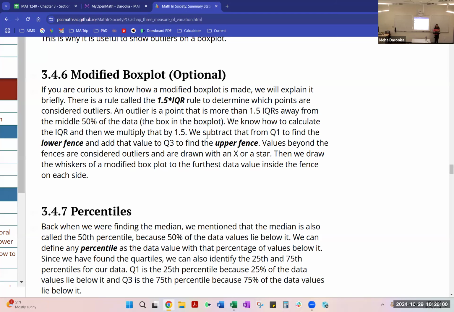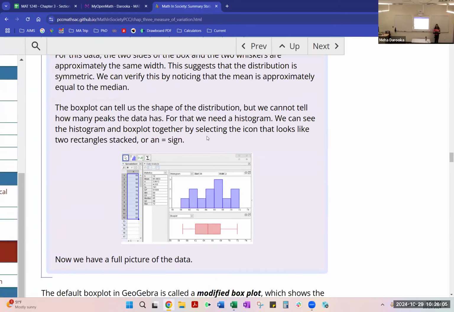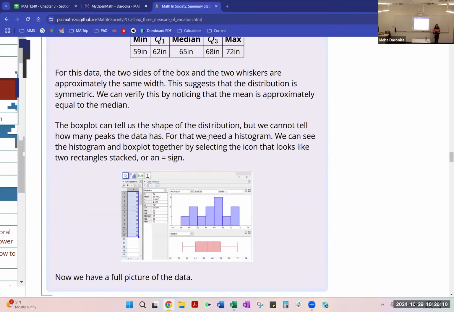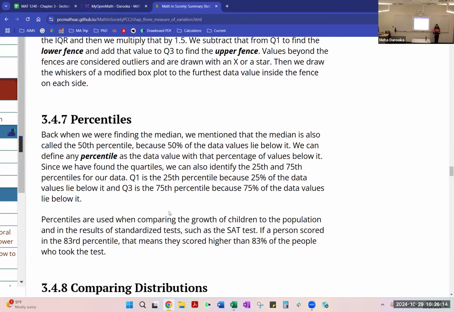Any other questions, guys, on 5-number summary, box plots, and modified box plot? Now, as far as I remember, and you can correct me if anybody has made it to this part of the homework, I think my open math is asking you to read a box plot, right? Is it asking you to create one?